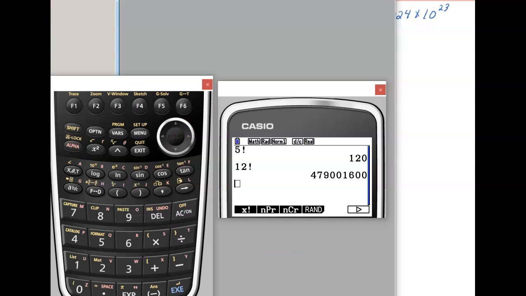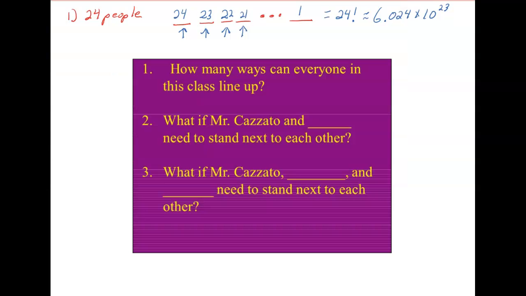On the Casio, to remind you how to get to this menu with the factorial, you're going to type in 24, option, F6, probability, F3, and then you're going to type in F1, and you'll see you get the same answer. So that's how many ways 24 people can line up at the door.